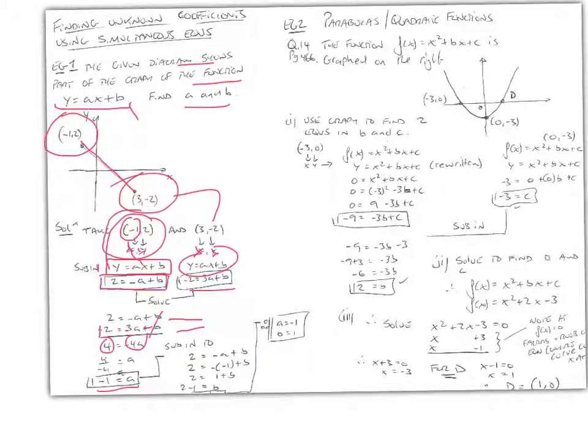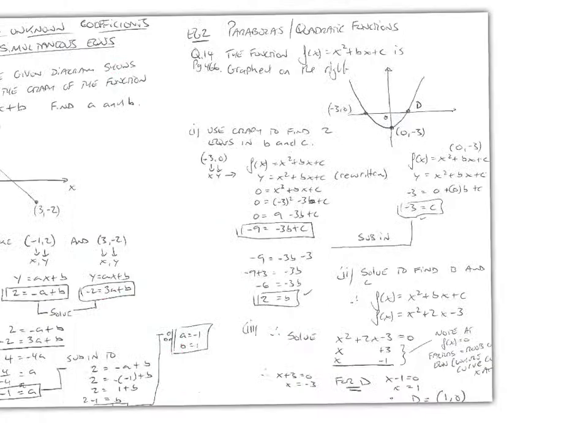Sub that back into either of these two equations, it doesn't matter, and you get a value for b: 2 equals 1 plus b, so b is equal to 1. Therefore y is equal to minus x plus 1. So that's finding the unknown coefficients for the y equals ax plus b straight line form.